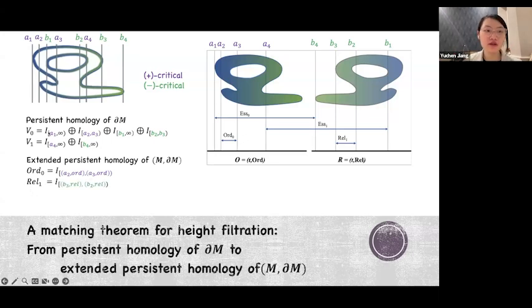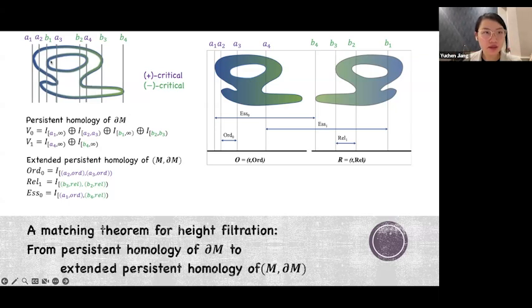All the critical values that get paired with infinity will be matched to essential classes, where the dimension will depend on whether the point is on the interior or exterior boundary, and the declaration, ordinary or relative, will depend on the size of the value it takes in R. So in this case, A1 and B4 both lie on the exterior boundary of the snail, the outer boundary of the snail. So this will be sent to the zero-dimensional essential class. And because A1 takes a smaller value, the ordering will actually be preserved here.